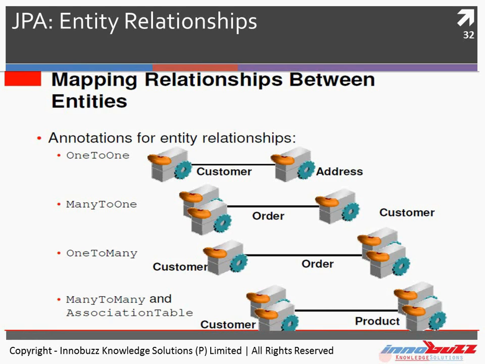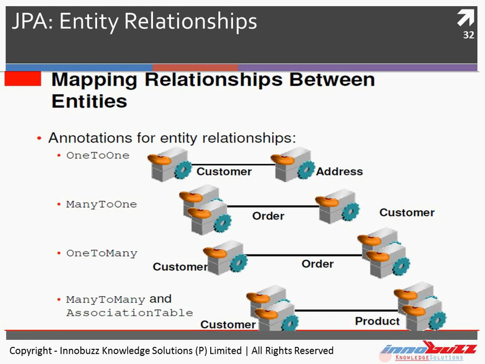The relationships can be annotated with one to one, one to many, many to one, and many to many, associating the tables through Java objects. So you can have all these relationships even through JPA operations.